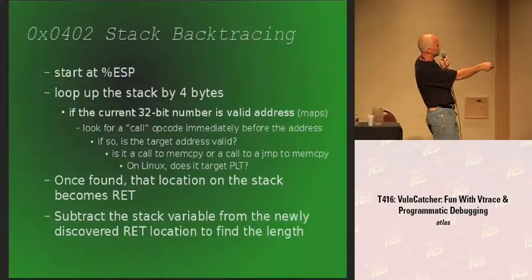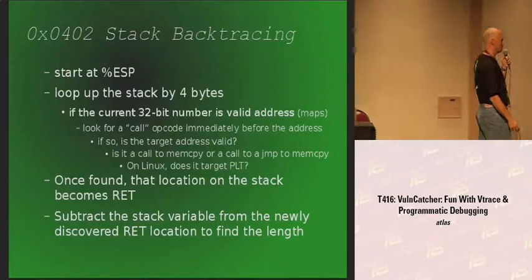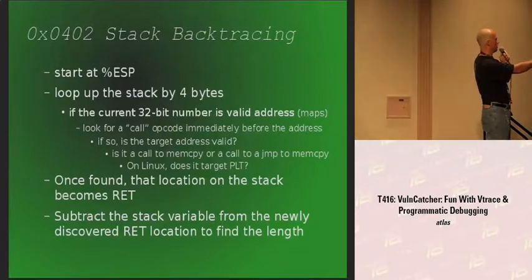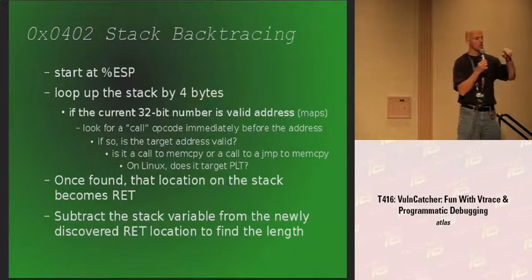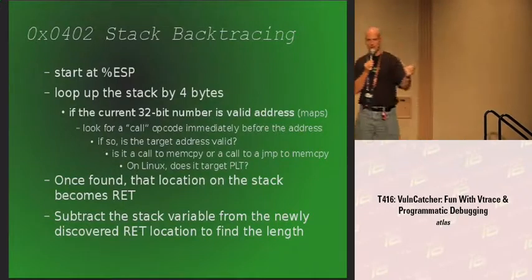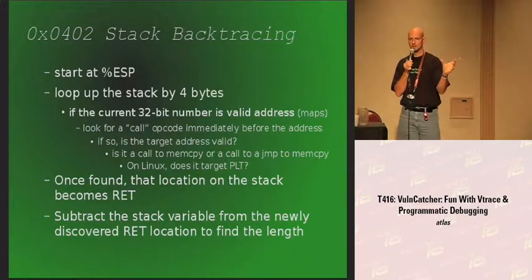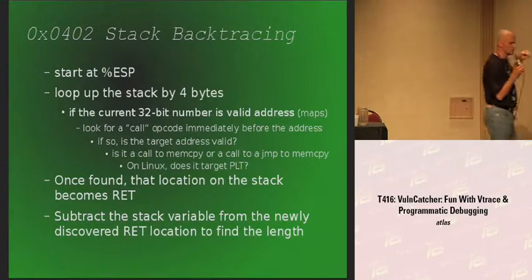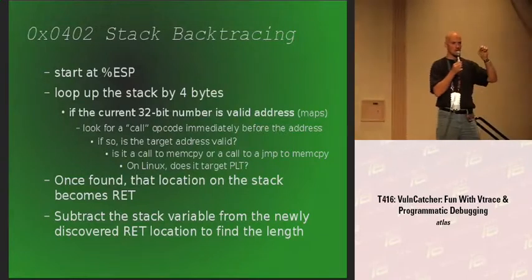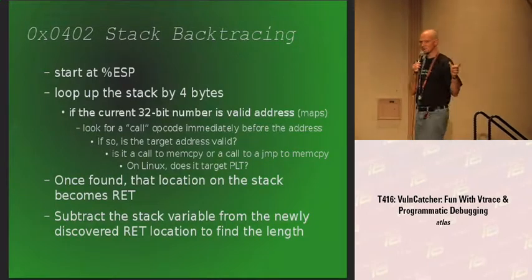So if the 32-bit number that you've just reached is part of the memory maps, we can then back up from that location and see if the previous opcode was a call. It's not totally trivial, but it's not that hard. I say it's not easy because, if any of you have gotten into opcode disassembly, you'll recognize that you can have a 2-byte opcode that performs a call or a jump.